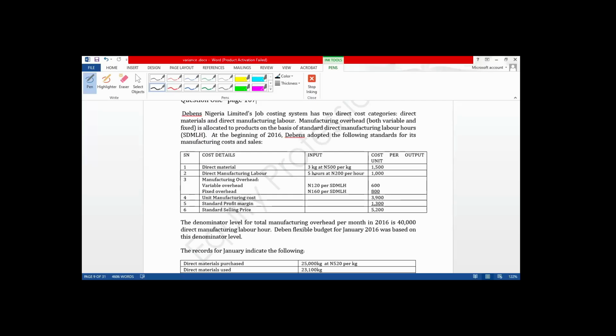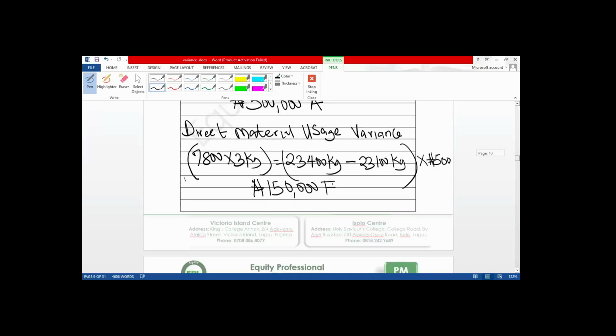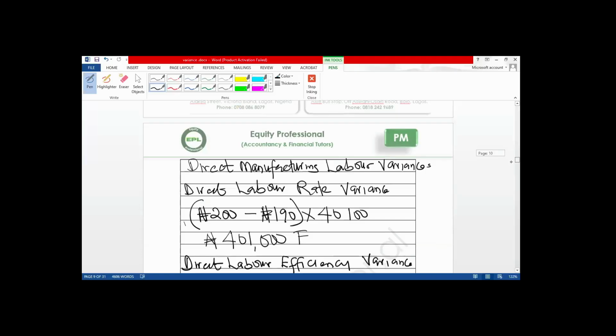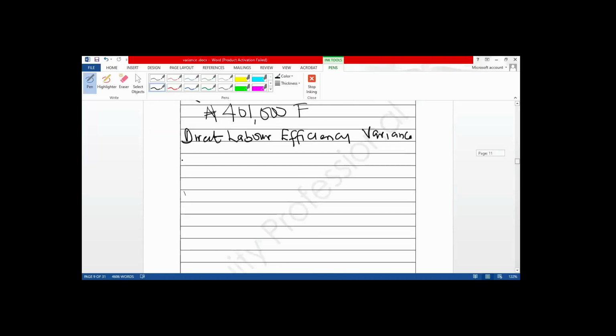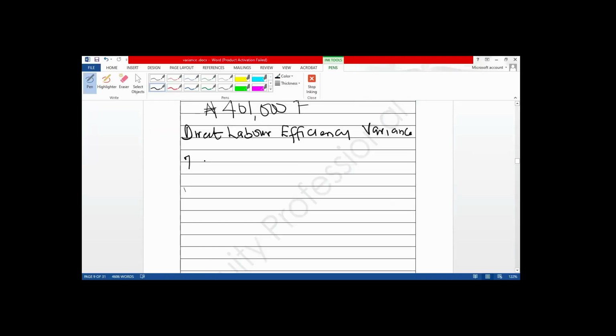That means if I have produced 7,800, I should have used 39,000 hours. That is the standard labor hours for actual production. 7,800 multiplied by 5 hours should equal 39,000 hours.